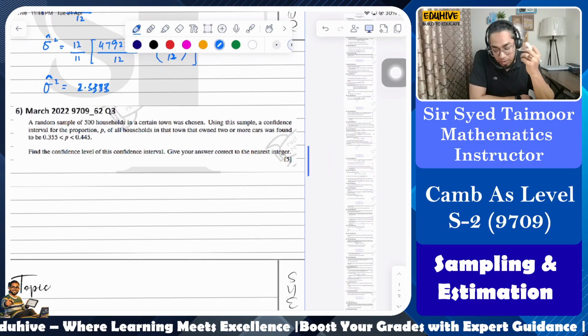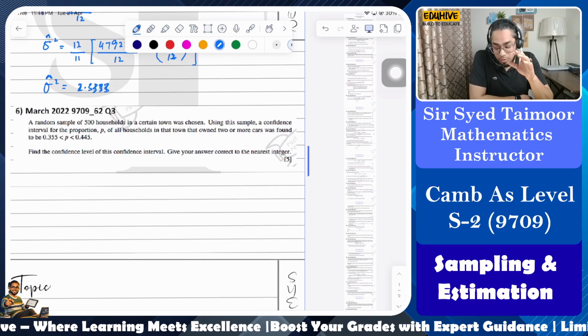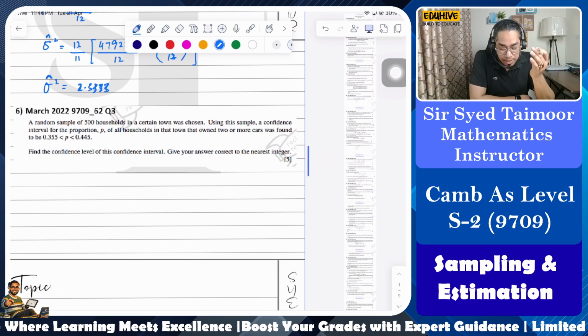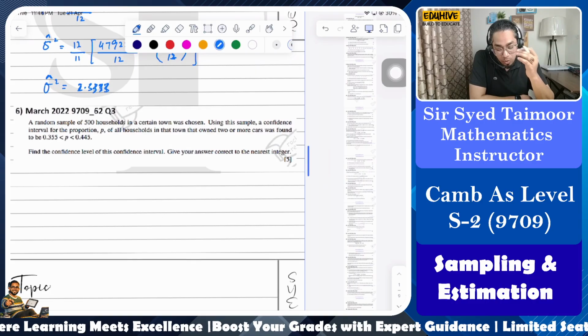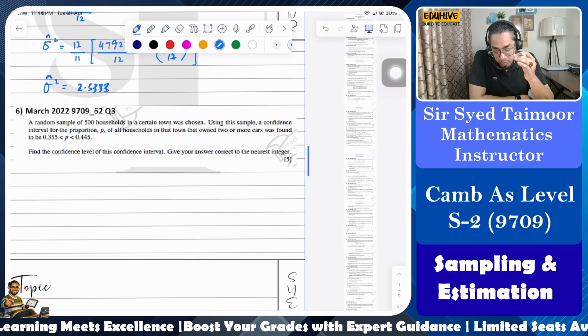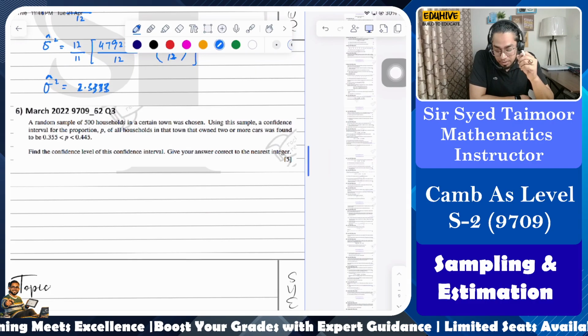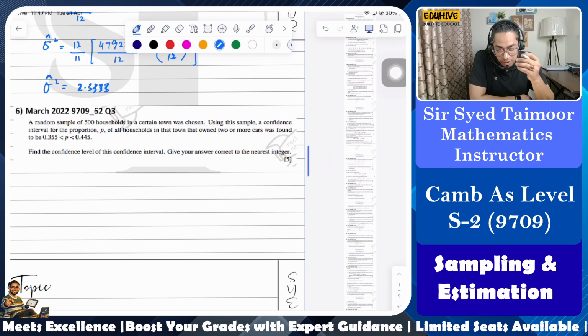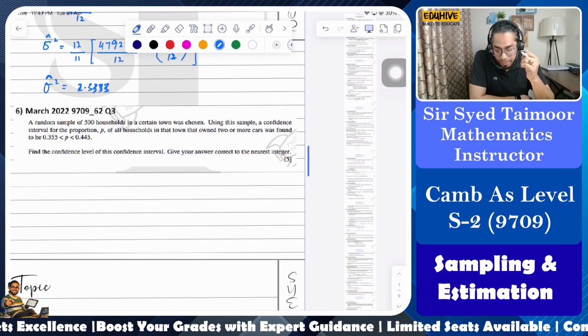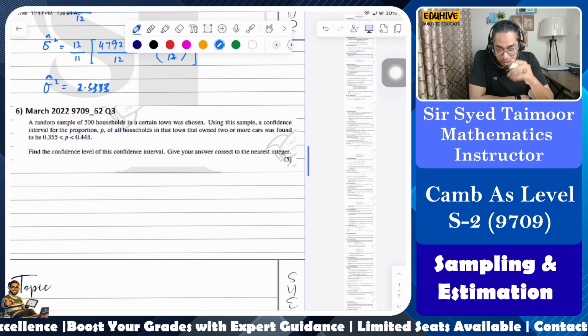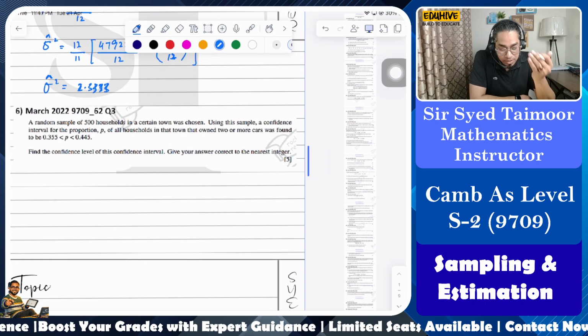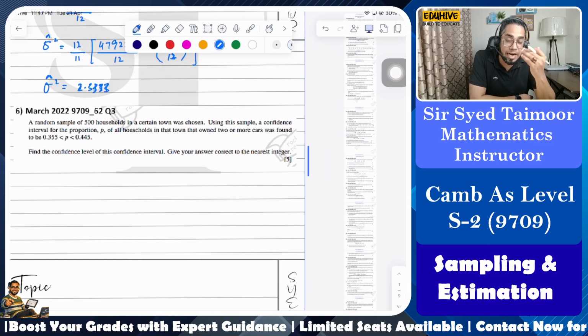Using this sample, a confidence interval for the proportion P of all households in the town that owned 2 or more cars was found to be 0.355 to 0.45445, and it's a proportion confidence interval. Find the confidence level of this confidence interval, giving your answer correct to the nearest integer.